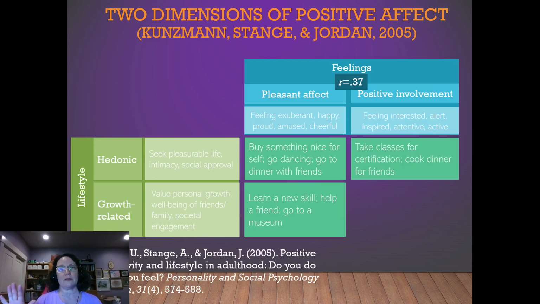If we're looking at positive involvement as our feeling and then the hedonic lifestyle, maybe taking classes for a new certification so we can get societal approval for something that we like to do anyway and maybe we're good at. Maybe we cook dinner for friends so that we can get their approval for the thing that we produce, and then it's good and we get to enjoy the pleasure of eating it.